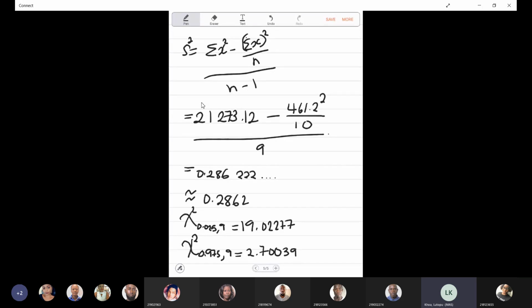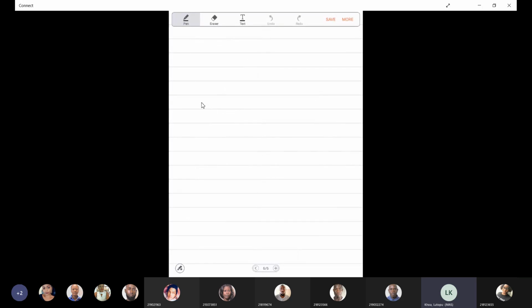So we do that. So our 95% confidence interval will be this: n minus 1, which is 9, then we multiply this by s squared, which is 0.2862. So I'm using 4 decimal places.